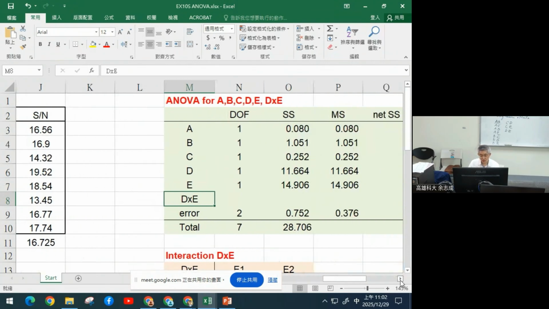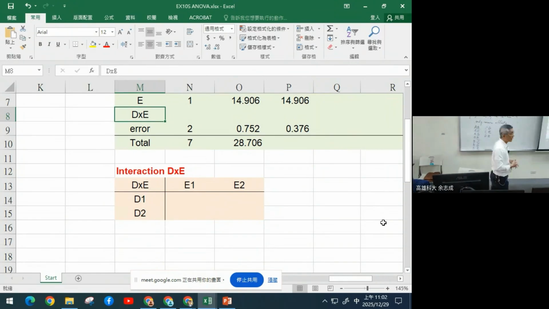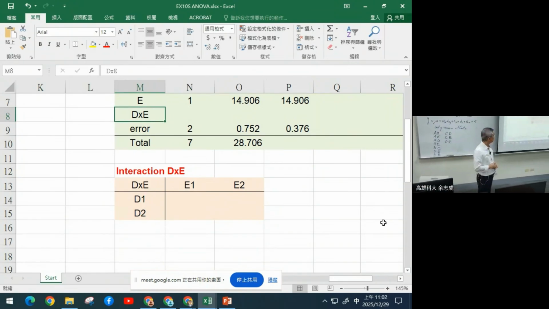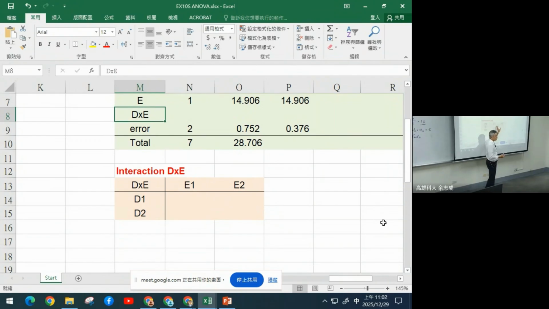First, just like what we did before, we first want to come up the interaction plot. The interaction plot, we need to have this combination, D and E, and calculate the average output for each combination.